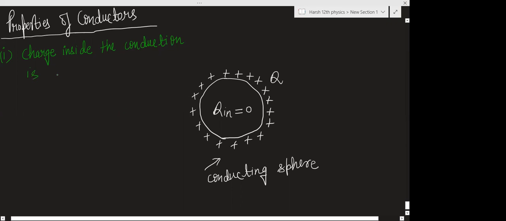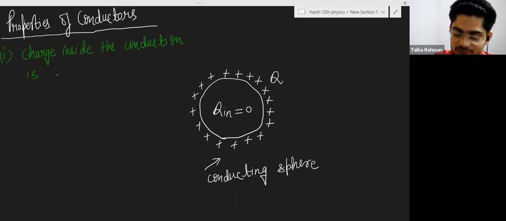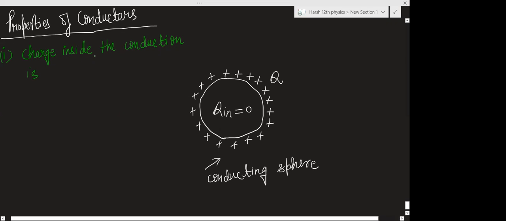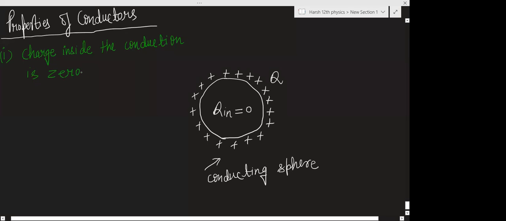But this happens due to another reason that is known as induction. I didn't study that in the last class. Okay, no problem, you will study this. But this thing is clear now: charge inside the conductor is 0.